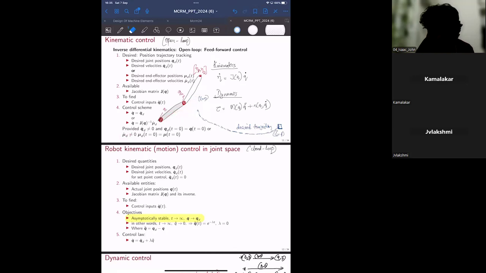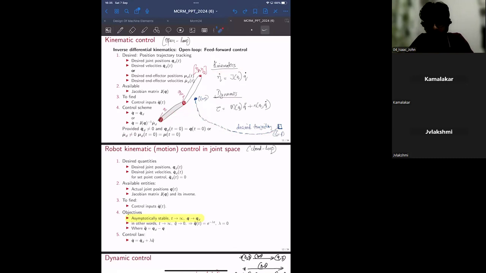Only under these limited circumstances will the open loop schemes work. Understood. This is true for both kinematics and dynamics.